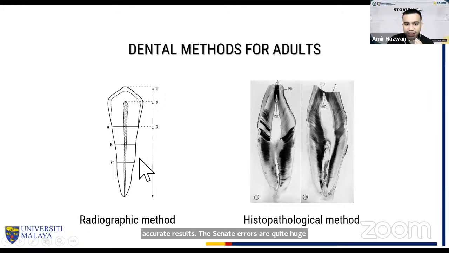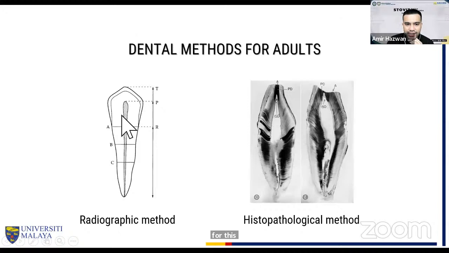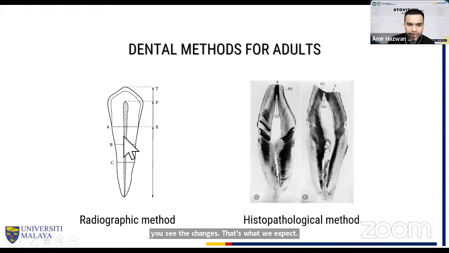So for adults, mostly we look at the changes in the pulp width in the methods. That's what we expect to change when we become older. The pulp canal becomes smaller due to the tertiary and secondary dentin. So that's one of the things that we look at.